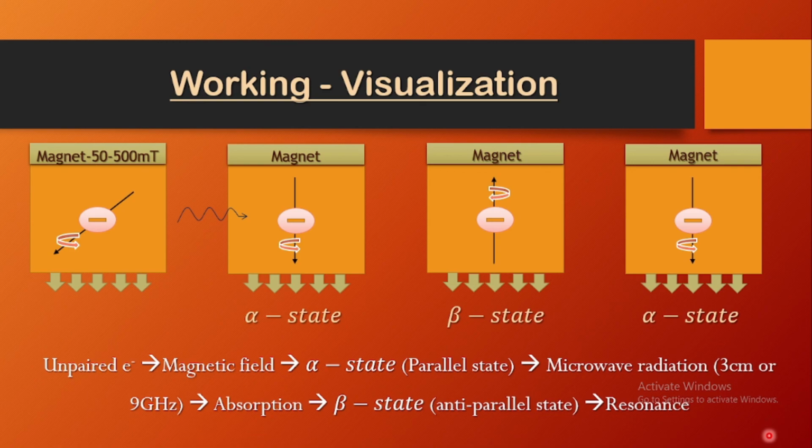So this is how the electron spin resonance technique works, and generally inorganic compounds and solid forms of compounds are used in ESR studies. So generally we will know about the crystal structure of any given sample, and based on the absorption data or the resonance spectrum, we can easily understand whether there is a defect or which type of arrangement is there or how many unpaired electrons are present within the given material.